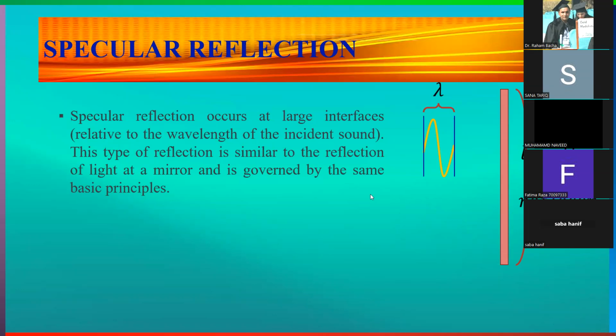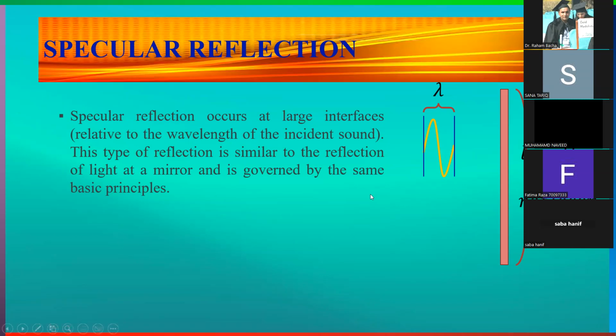But the reflection from that specular reflector is specular reflection, and that specular reflection is angle dependent. So always the angle of incidence will be equal to the angle of reflection.